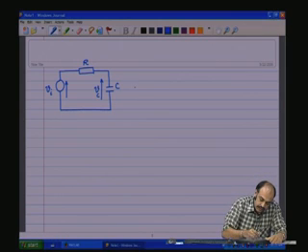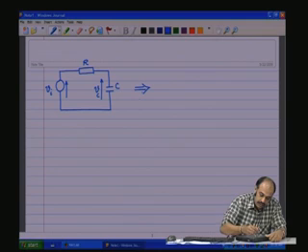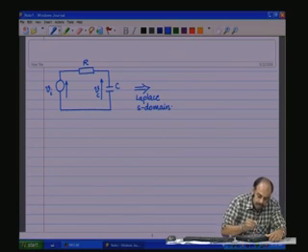Now, let us shift or represent it in the Laplace domain or the S domain or even the pole-zero domain as we have been calling it.